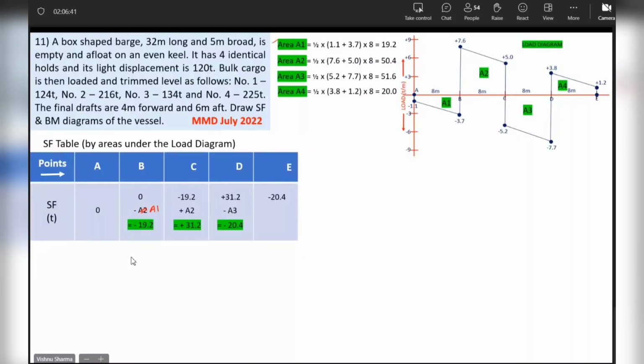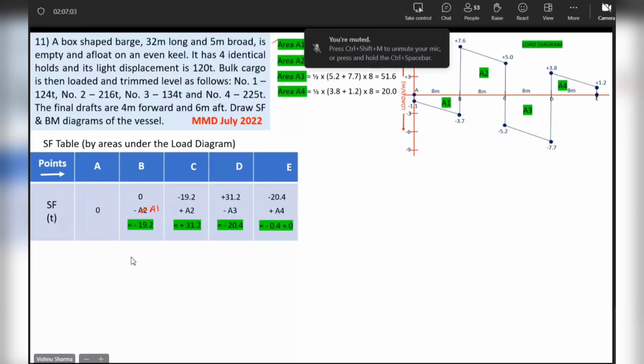Then I carry forward this minus 20.4 and add plus area A4 and I get a residual of minus 0.04, which you know why it has come. And what have I done? I made it 0. Yes or no? Do you agree with the shearing force table, beta? Yes, sir.